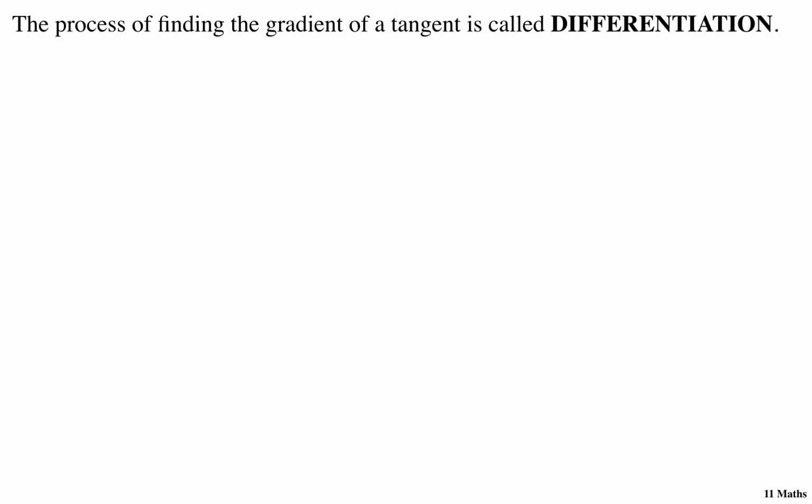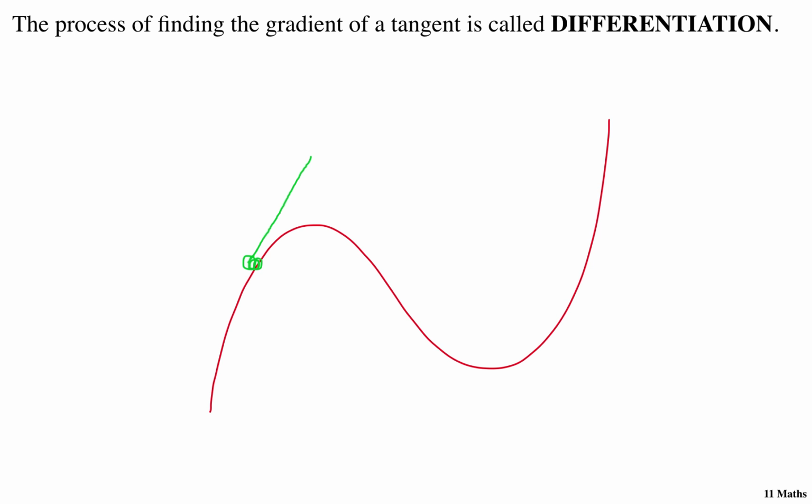Now, the process of finding the gradient of a tangent is called differentiation. That means that when we have some type of curve, for example, let's say we have some weird random curve, if I'm finding, at a particular point, how steep it is, I'm finding the gradient of the tangent to our red curve.